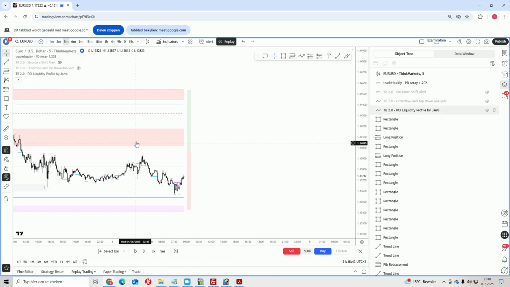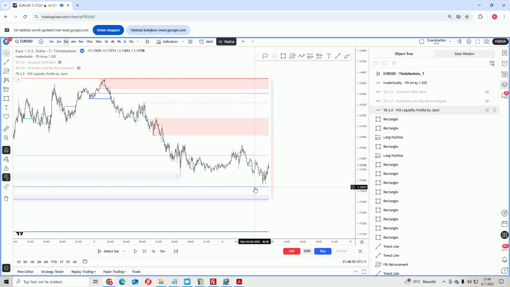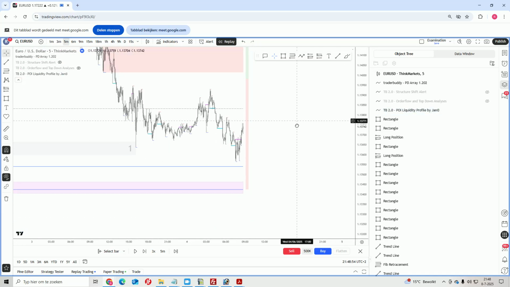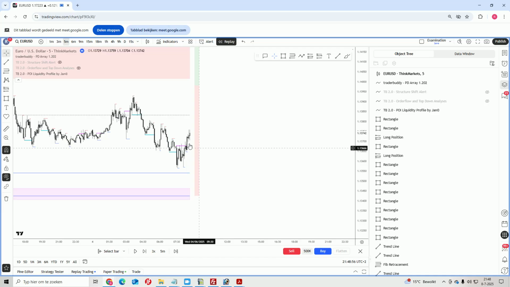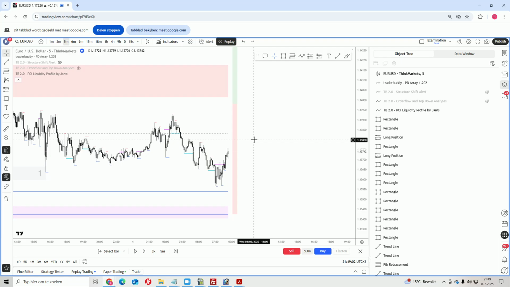So now we have this liquidity and this liquidity to go after. We failed to take this one. Our order flow has changed from bearish to bullish. So now we can go for this liquidity.